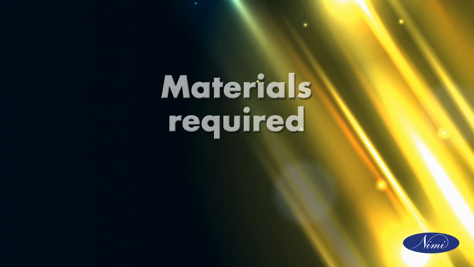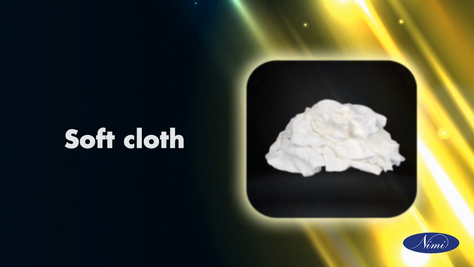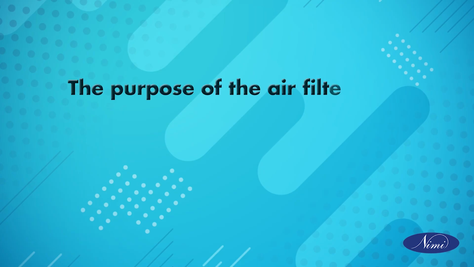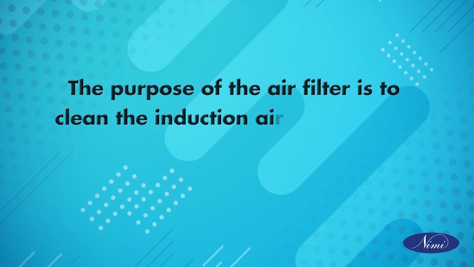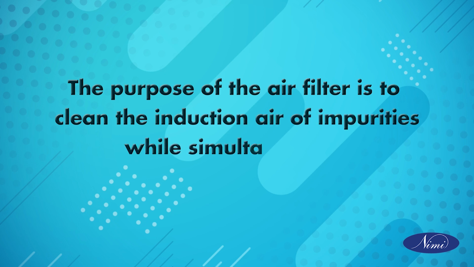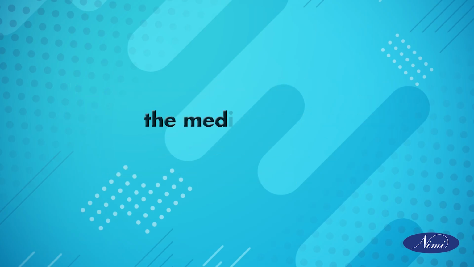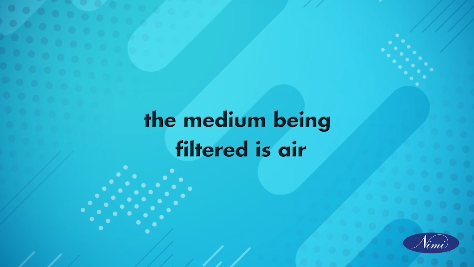Materials required: engine oil, soft cloth, gloves. The purpose of the air filter is to clean the induction air of impurities while simultaneously subduing induction sound. The medium being filtered is air.